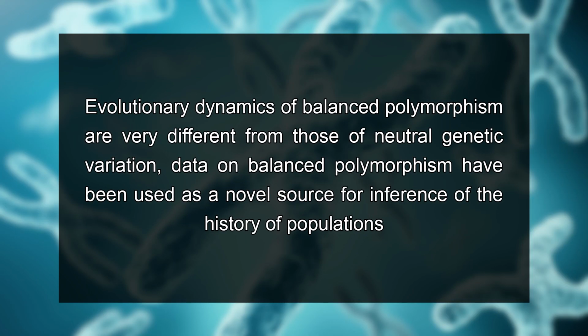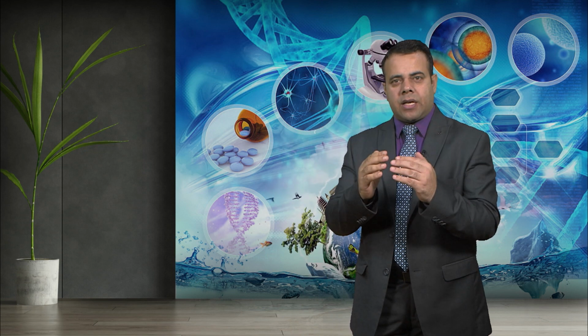Because the evolutionary dynamics of balanced polymorphism are very different from those of neutral genetic variations, data on balanced polymorphism has been used as a novel source for inference of the history of populations. Recent observations suggest that entirely novel selective forces may act in concert with balancing selection, and these novel forces may be extremely potent in shaping genetic variation at self-recognition loci.